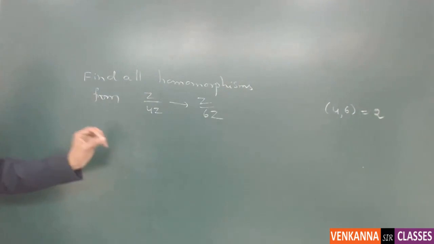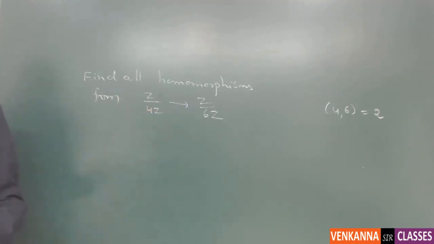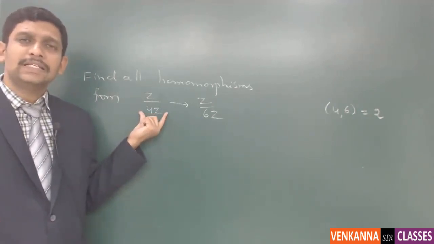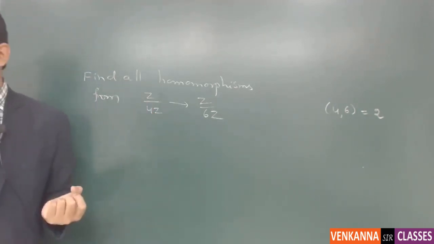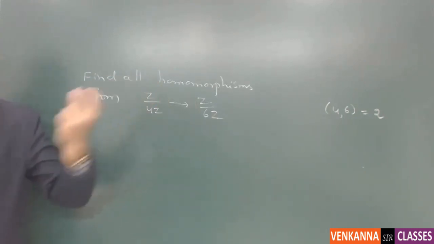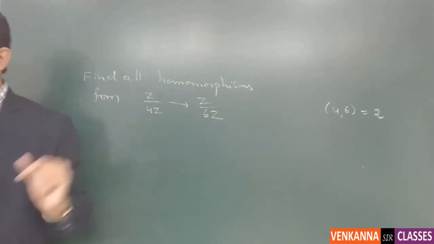Now let us verify manually how to construct the homomorphisms between them. What could be the pattern of elements here in Z by 4Z? It is a quotient group, and this is also a quotient group, right? What is the pattern of elements in Z by 4Z?